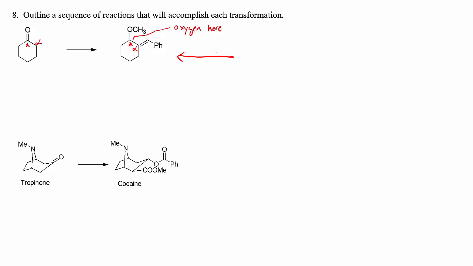So the last step is going to be make the ether. And what we would want to do is the Williamson ether synthesis on the alcohol, right? Okay, so the immediate second to last compound in the synthesis would be this alcohol right here.